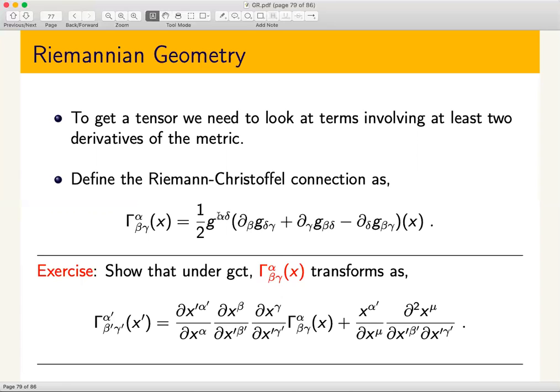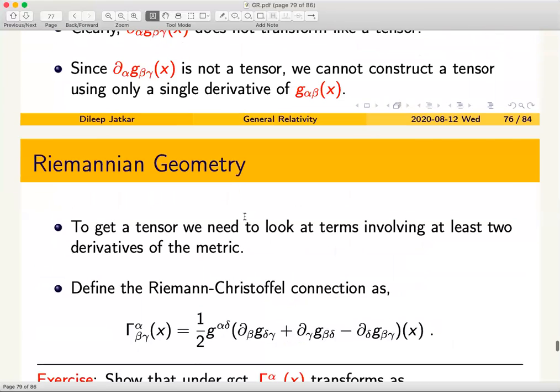What one needs to do is to check that if you do a coordinate transformation and use this definition, you know how g alpha beta transforms. Use that transformation property, namely g alpha beta transforms like a second rank covariant tensor, plug it in, and take the appropriate derivative.